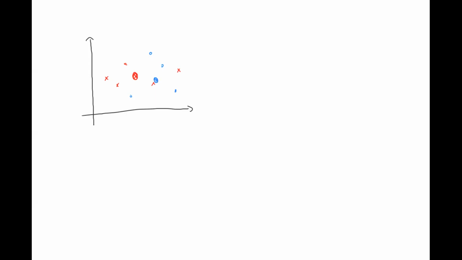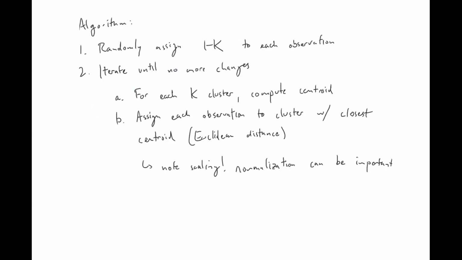What the k-means clustering does, right? If you follow the algorithm from before, we just did step 2a: for each k cluster, compute the centroid. So we figured that out. And now all I'm going to do is, for every observation in the data set, reassign its cluster based off of the closest centroid.